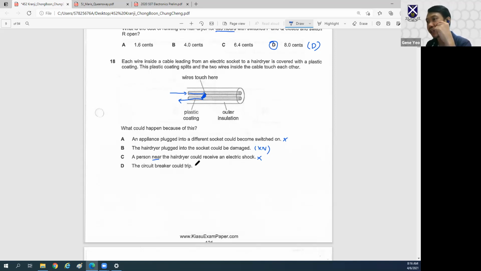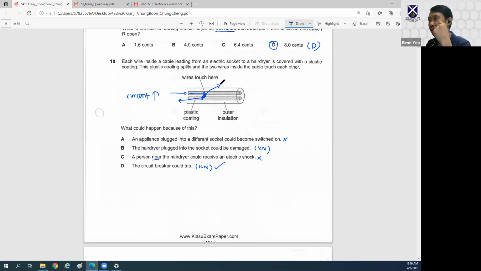The circuit breaker could trip. Yes, in this case, I think this is the more correct answer than this, because when a short circuit occurs, what happens is that the current increases exponentially, okay? So let me write this down.